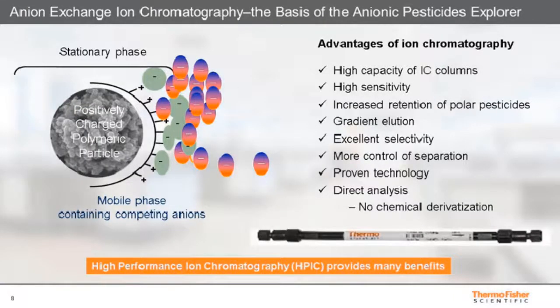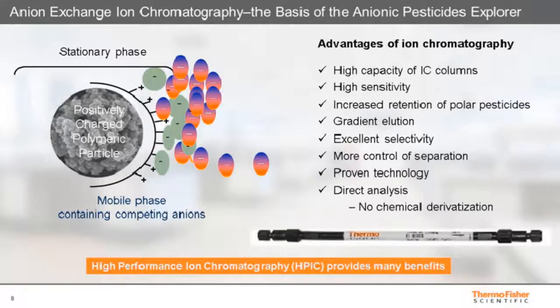Let's have a look at ion exchange ion chromatography and the basis of the Anionic Pesticide Explorer. The left side of this diagram represents the mechanism of separation achieved with an ion exchanger on the stationary phase particles.